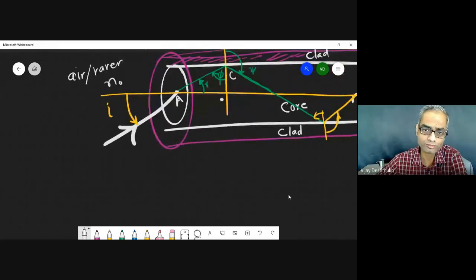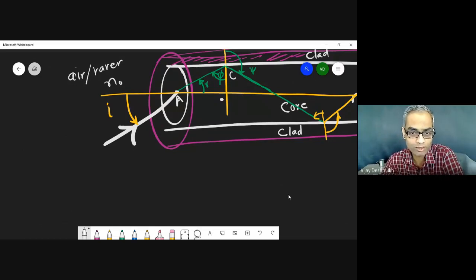Clear? Now we'll use this Snell's law for two cases. One, the light is traveling from O to A and A to C. And then from point C, it will get refracted back.